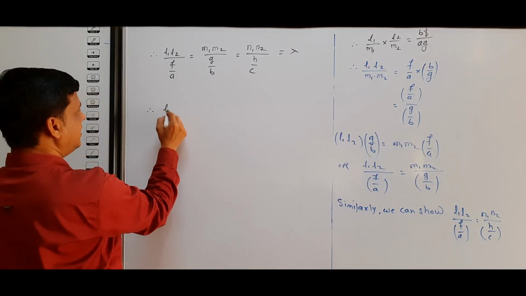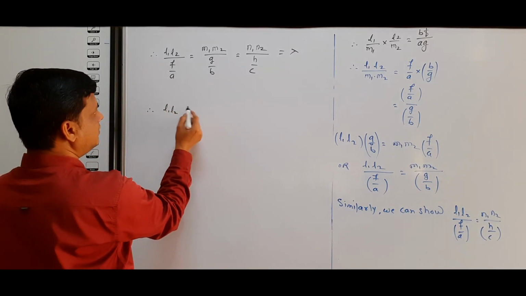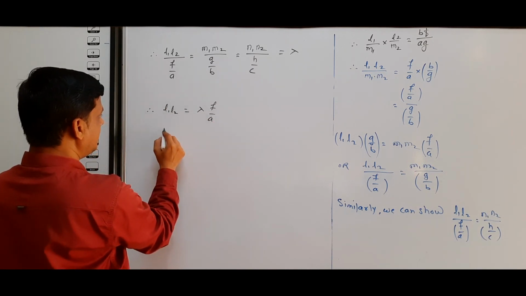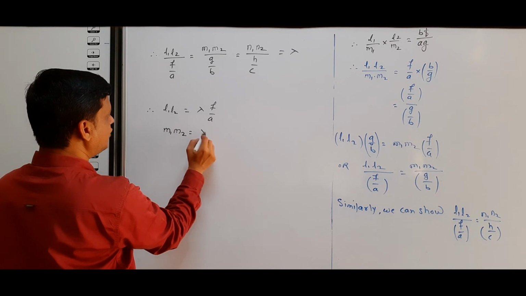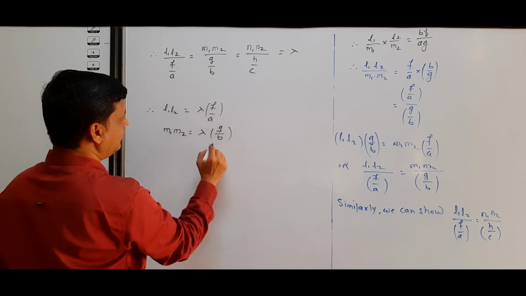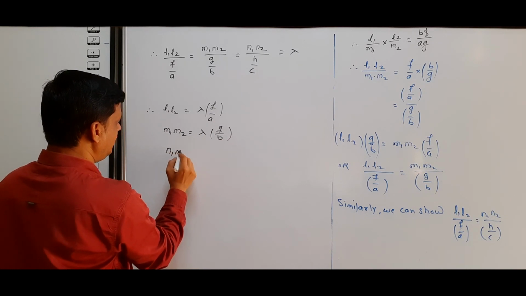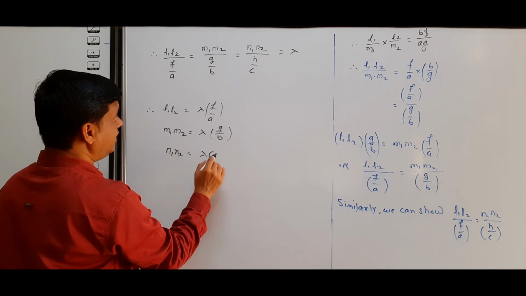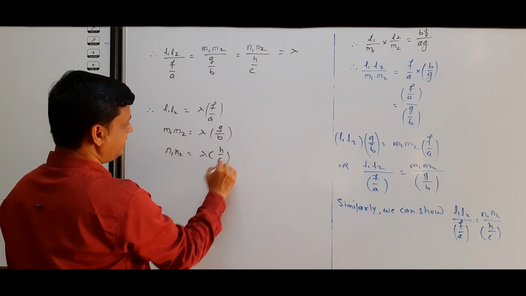Therefore L1 L2 is equal to lambda into F by A, M1 M2 is equal to lambda into G by B, and N1 N2 is equal to lambda into H by C.